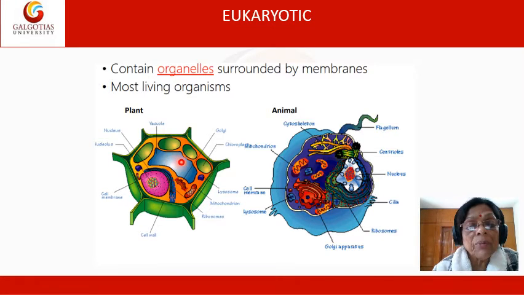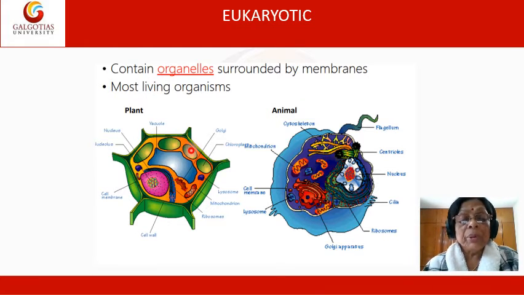This is a big vacuole; in plants, big vacuoles are present. This is the mitochondria, this is the Golgi, and these are the chloroplasts. Chloroplasts are present in the plant cell, and we know that photosynthesis takes place in the chloroplast.